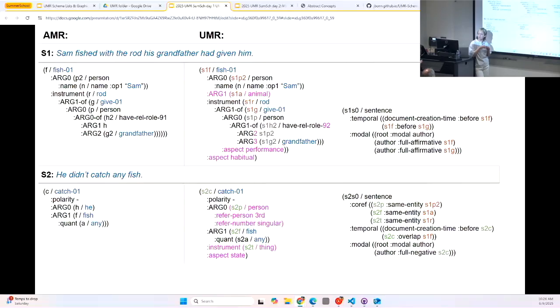What we're moving towards, we don't know because we're a committee, is pointed graph interpretations. That is, you have a pointed interpretation from the node, which would be the root, which would semantically or pragmatically be distinct from the other one. So the grandfather gave Sam the rod he fished with is very different from a pragmatic or discourse perspective. We'll get to some of that on Thursday.